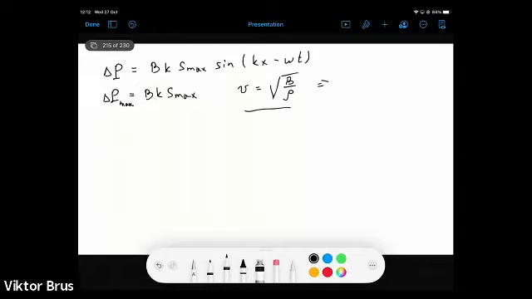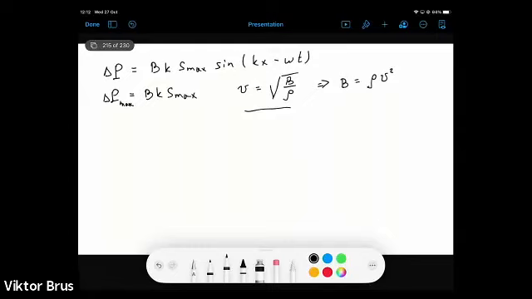So that would be B is equal to rho times V squared. And why we are doing this? Because it's more common to operate further when we deal with sound intensity with density of environment, not with its bulk modulus, since density is a more common feature and it's easier to be measured.